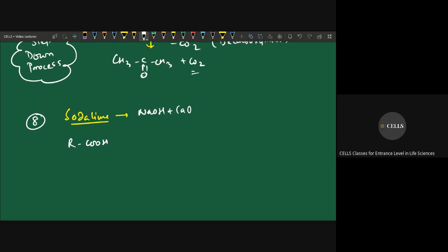If you react the carboxylic acid with soda lime, you will form an alkane. So carboxylic acid under the treatment of soda lime, you will get an alkane.